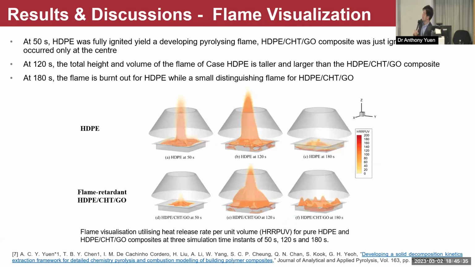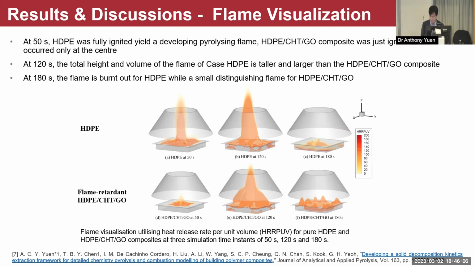And if you look at the flame, it is actually even better looking at the whole animation, because you can see at the beginning, HDPE burns at a much earlier stage in comparison to the flame retardant. And even though the flame retardant HDPE will burn, it gives you a much smaller flame in comparison to the taller flame at 120 seconds.